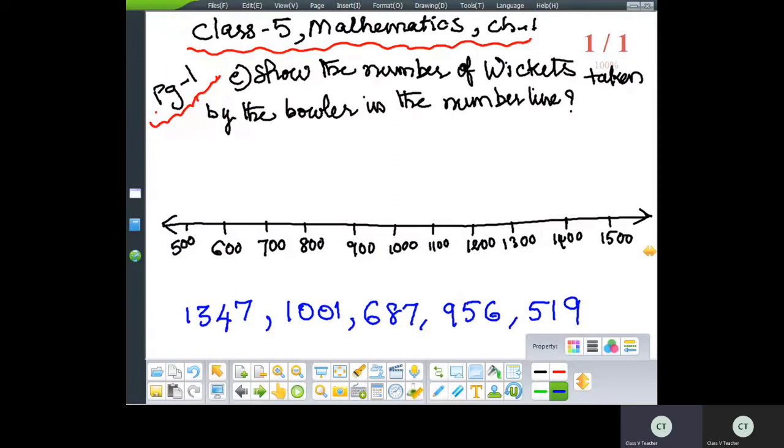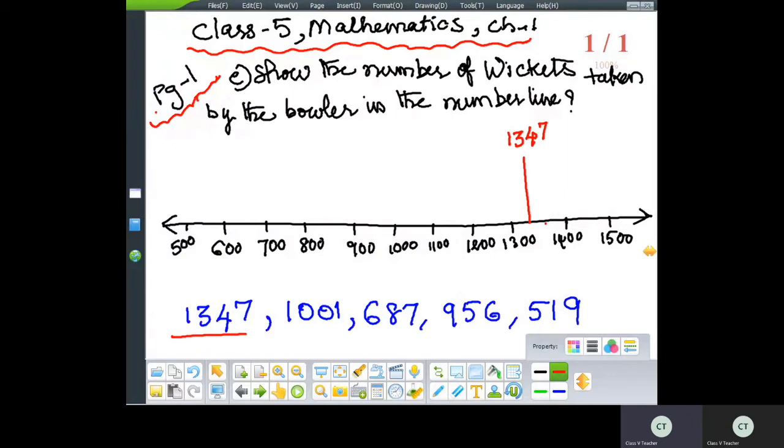Now, starting from the 1347. So, firstly, 1347. You know that 1347 lies in between 1300 and 1400. So, it will be 47. So, this 1347. Got it here? Okay, somewhere around here.